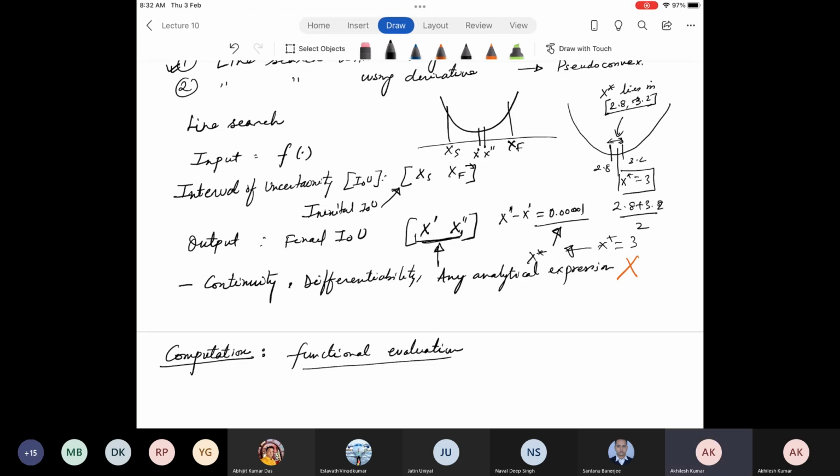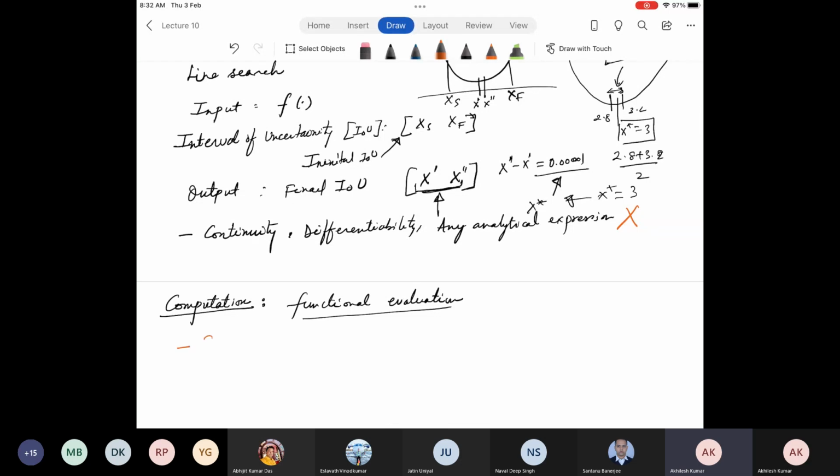So in line search without using derivative, we have two methods. The first one is called simultaneous search, and the second one is called sequential search. Simultaneous is the most naive one. It's uniform search.